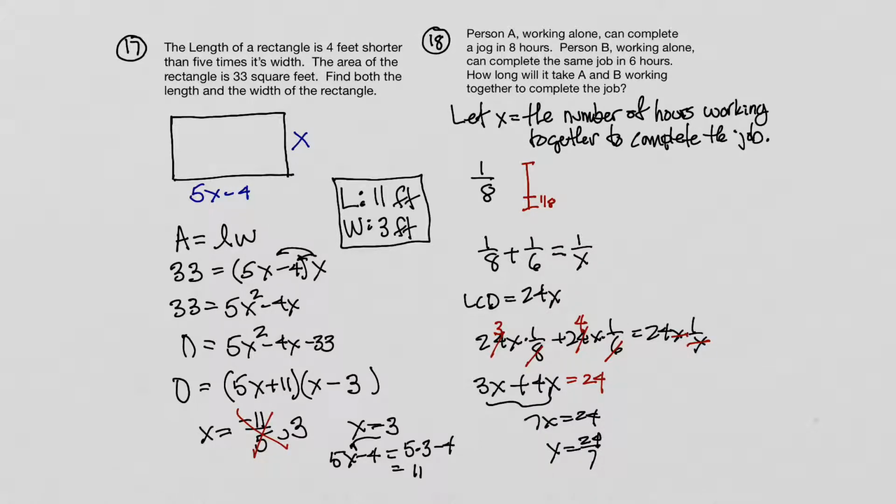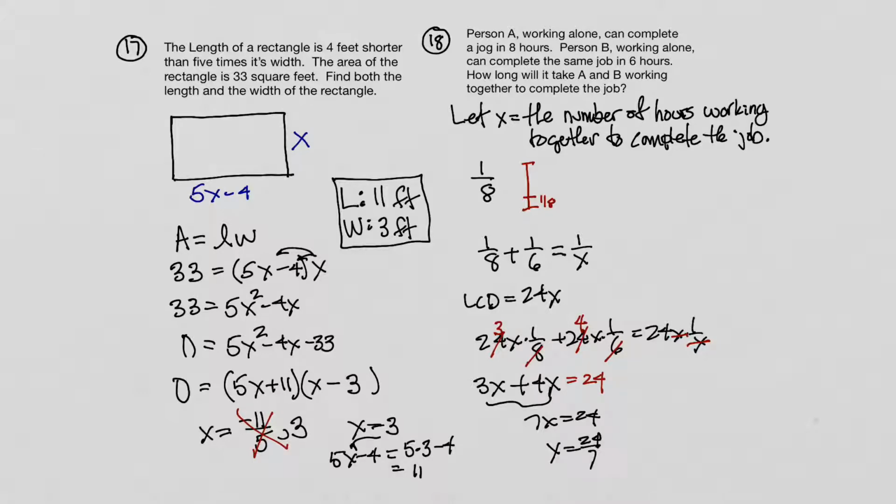And again, because it's a word problem, I'm going to go all the way back to the beginning to see what x was. x is the number of hours it takes to complete a job. This is an odd way to write it, so instead of an improper fraction, let's write it as a mixed number. 7 will go into 24 3 times. That'll give us 21 with remainder 3.